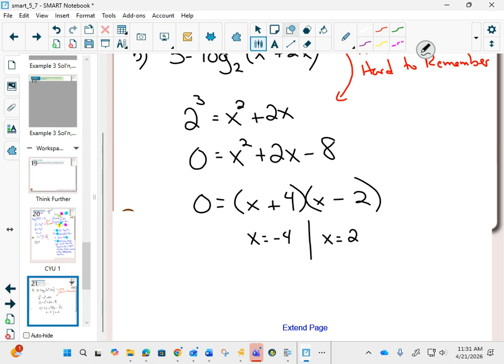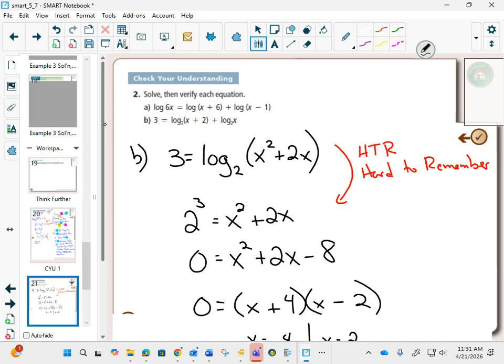However, this is a logarithmic equation. You always have to check your answers with your original equation. If an answer causes a number inside a logarithm to be negative, you have to cancel it out. We check minus 4 in the original equation. First one, what's minus 4 plus 2? Minus 2. I don't have to check anymore.